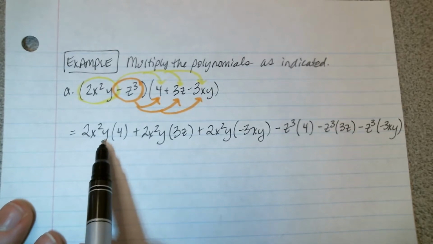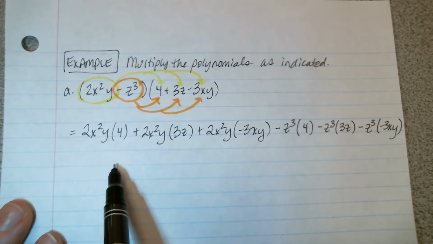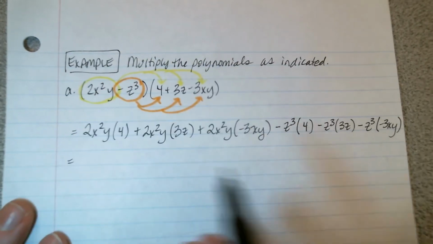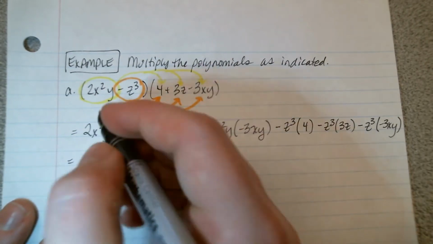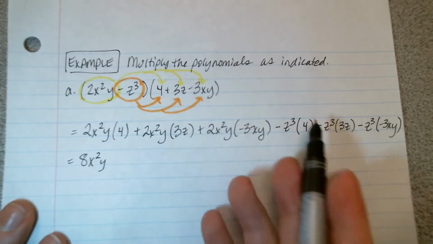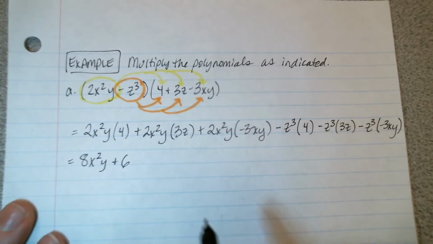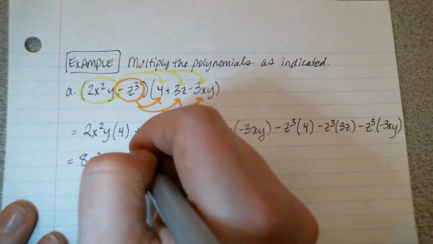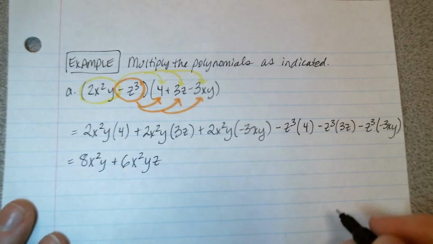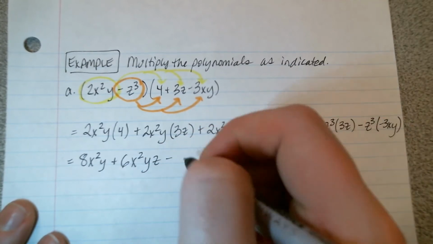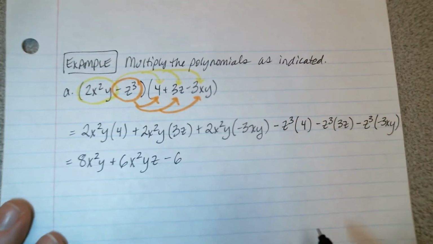Okay, now I'm actually going to multiply and then combine like terms, and that'll wrap up this problem. So 2 times 4 is 8, x squared y. 2 times 3 is 6, x squared y z. A positive times a negative is negative. 2 times 3 is 6.